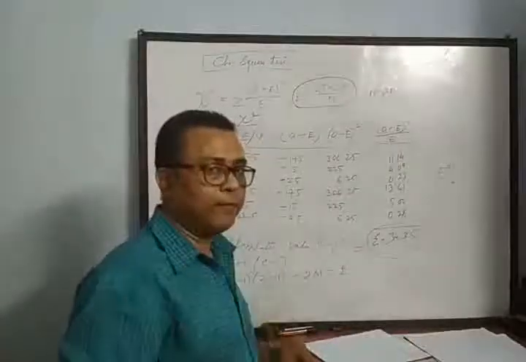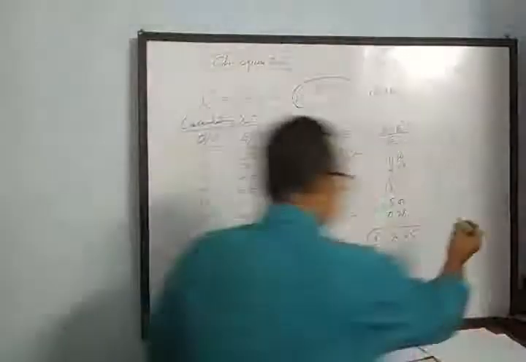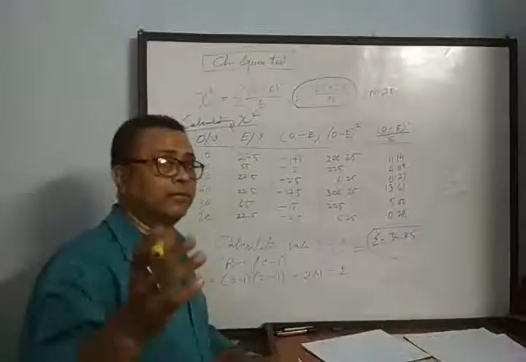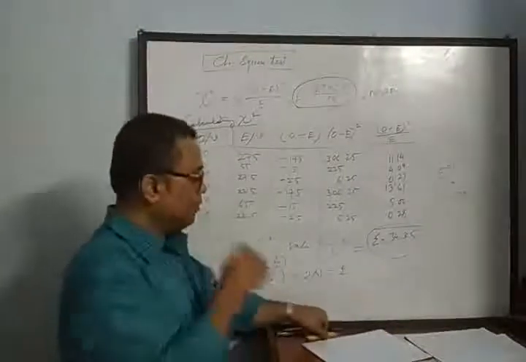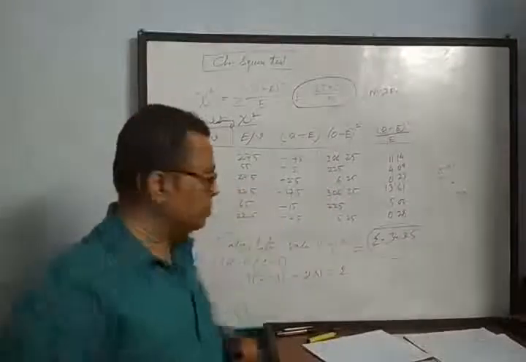Either it is written 5% or it will be 0.05. So you will match the row and match the column.